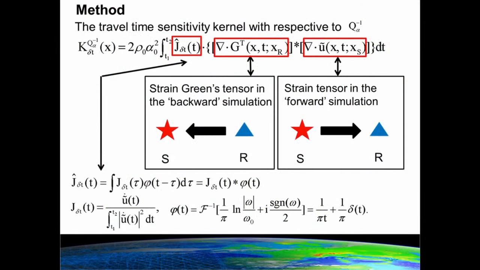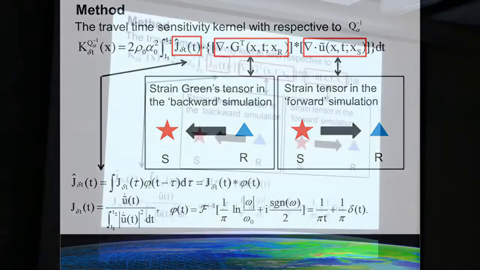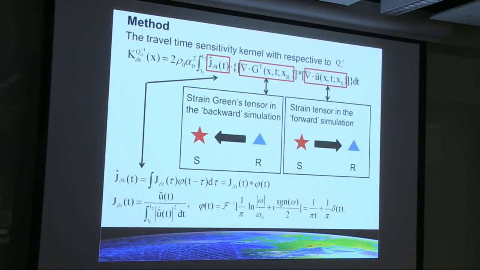We show the formula to calculate the travel time sensitivity kernel with respect to the Qp factor. For each event, we perform one forward simulation from the source to the receiver and save the strain Green's tensor. At each station, we perform one backward simulation from the receiver to the source and save the strain Green's tensor.